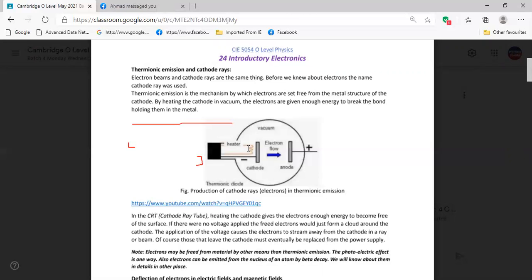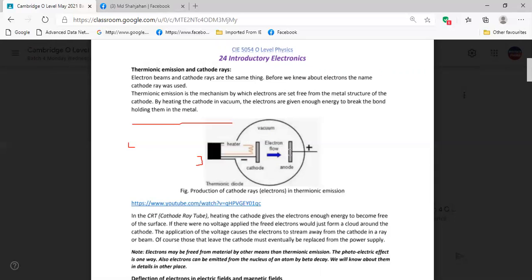So the free electrons on the metal surface become completely free from the metal surface. They come out right here. Is it clear? And if we are not giving any positive terminal here, we will see that these are forming a cloud of electrons inside this, isn't it?